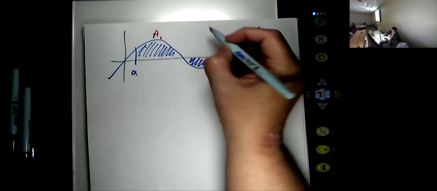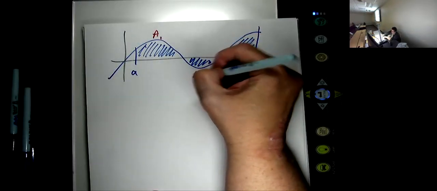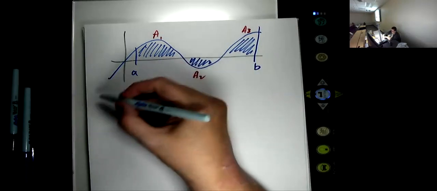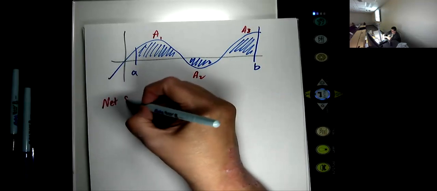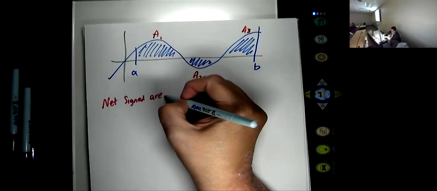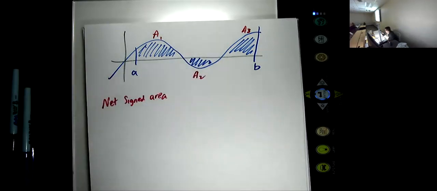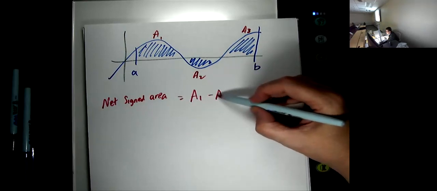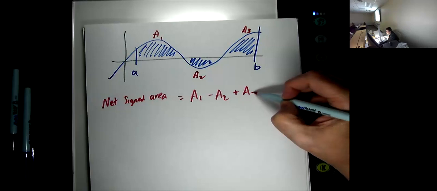So if this is area 1, area 2, area 3, the net signed area: we're going to add A1, we're going to subtract A2, and we'll add A3.